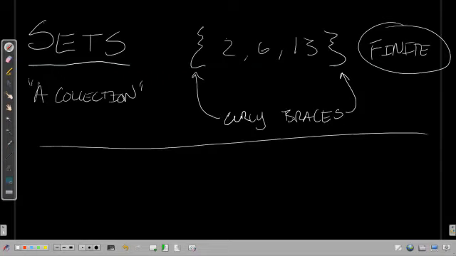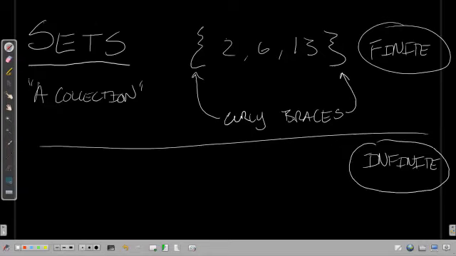If it's infinite, then it can be equated to some segment of the real number line. It must be a segment of the number line.